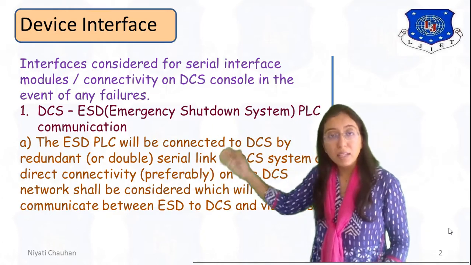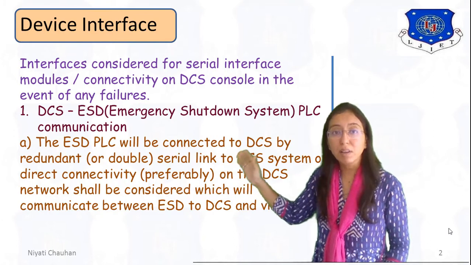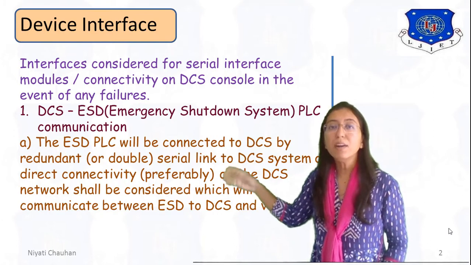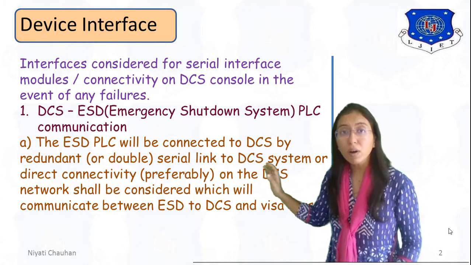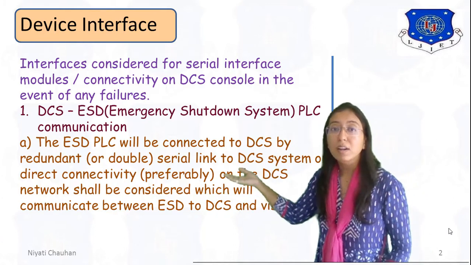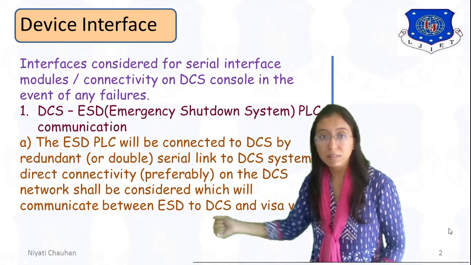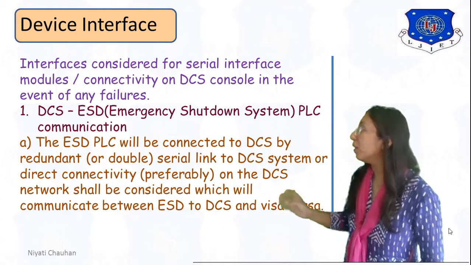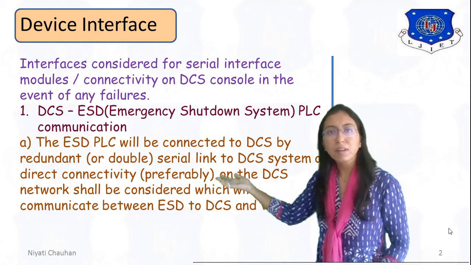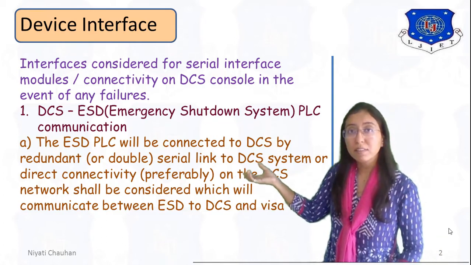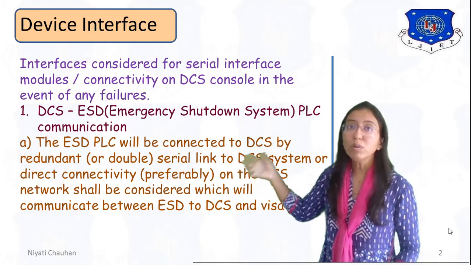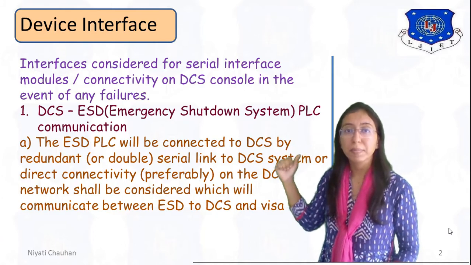A, the ESD PLC will be connected to the DCS by redundant or double serial link to the DCS system. Okay, so here we are using double serial link for connecting ESD PLC to DCS.